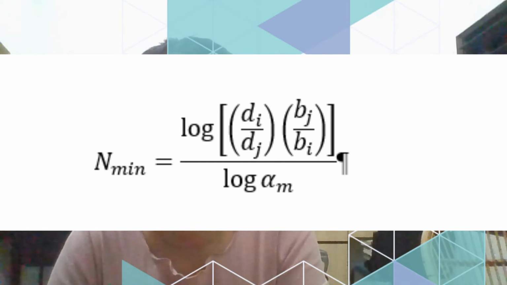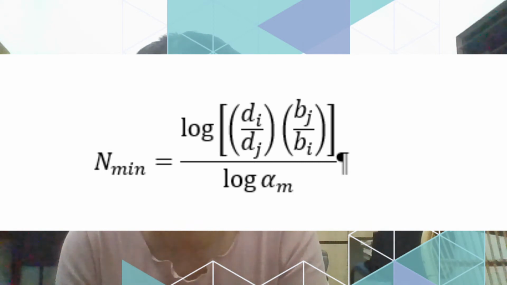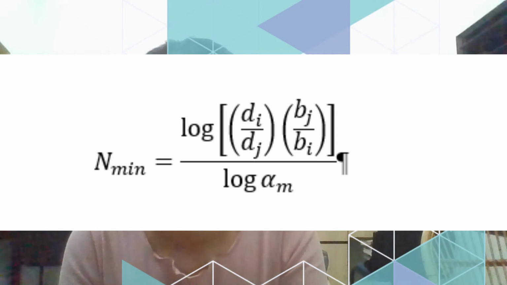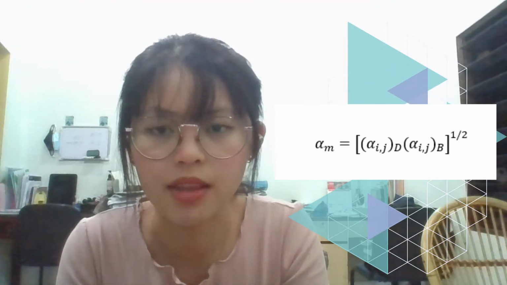Second, there is no further feed in the feed stream and no withdrawal of product in the outlet stream. Third, the relative volatility of the components is constant throughout the distillation column, and the mixture forms an ideal solution. In the formula, D and B are distillate and bottom respectively, i is the light key component, j is the heavy key component, and alpha mean is the mean relative volatility.